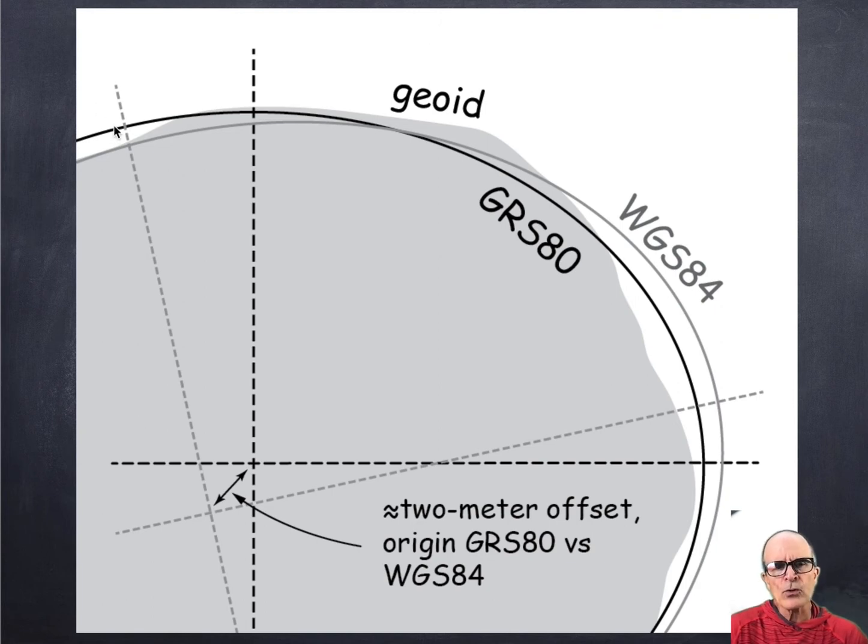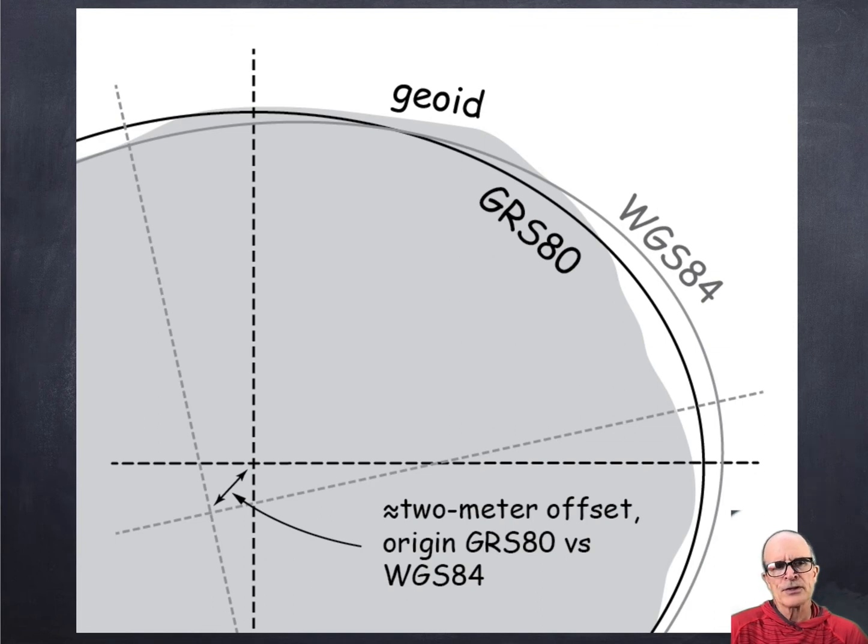The North Pole isn't going to be in the same place. If this is the physical North Pole, it's going to apparently shift when I go from one to another. And this happened when we were improving our datum. So this WGS84 has one origin and location, or the ITRF, which is aligned with the WGS84, and the GRS80, which we are using now but will soon abandon, shortly update, have a different origin. So in the US, we have one datum, and the rest of the world, they have another.